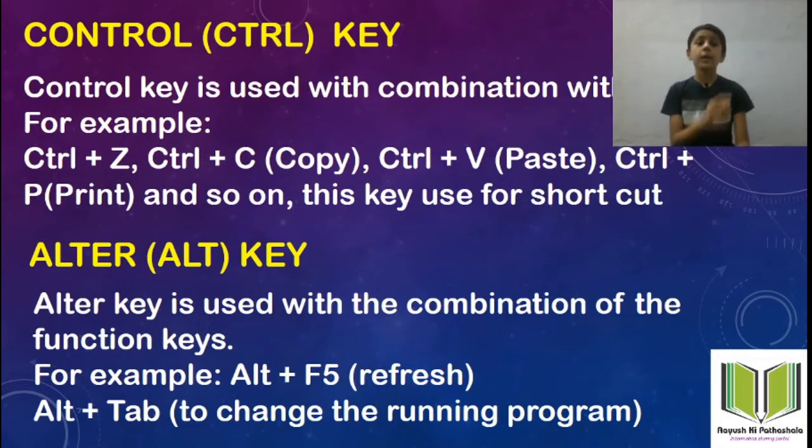For example, Control plus Z, Control plus C, Control plus V, Control plus P, and so on. This key is used for shortcuts. Alt key. Alt key is used with the combination of function keys. For example, Alt plus F5, Alt plus Tab.